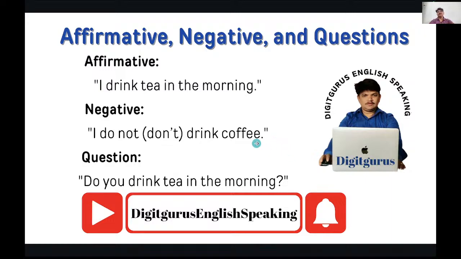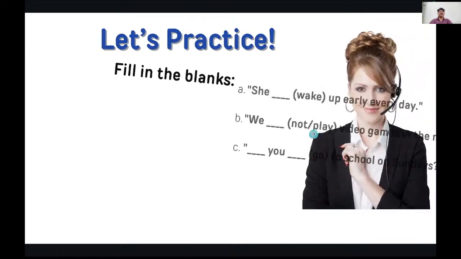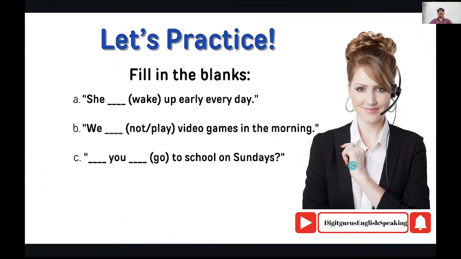So you may form such kind of sentences, but in the last sentence we have seen that we have used does. So when to use does? When the subject is third person singular, you may use does. Okay, so these are the things you must remember.